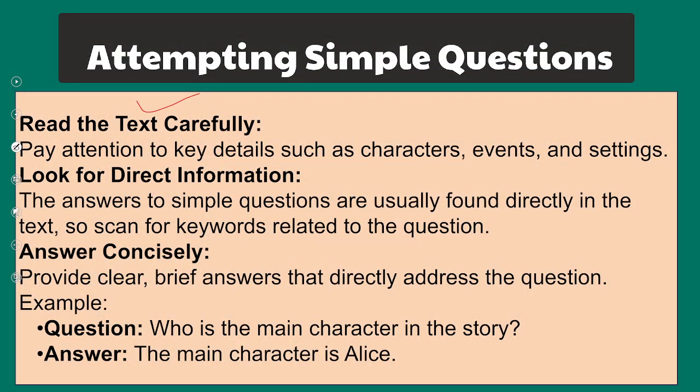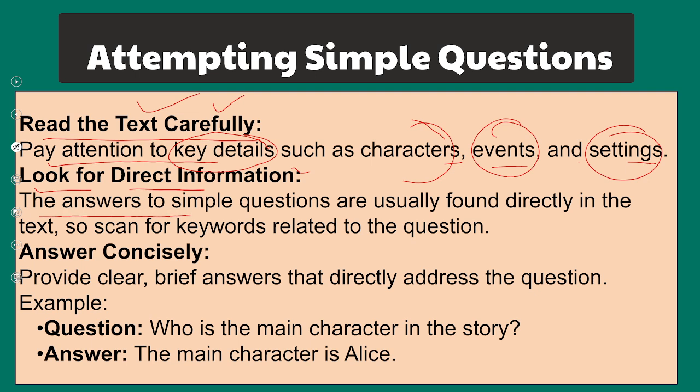First, we will read the text carefully, whether it is a story or any kind of text. Pay attention to key details such as the characters, events, and settings so that you can answer the simple questions easily. Look for direct information.